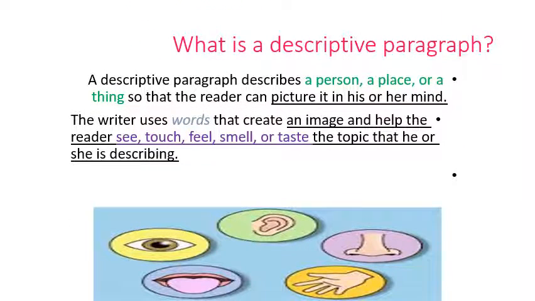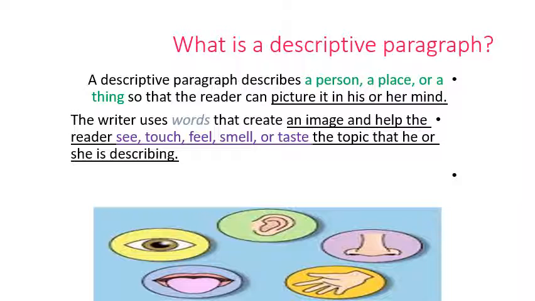Let's remember what a descriptive paragraph is. A descriptive paragraph describes a person, a place, or a thing so that the reader can picture it in his or her mind. So if you want to describe a person or a thing, the reader should imagine that person or that thing.